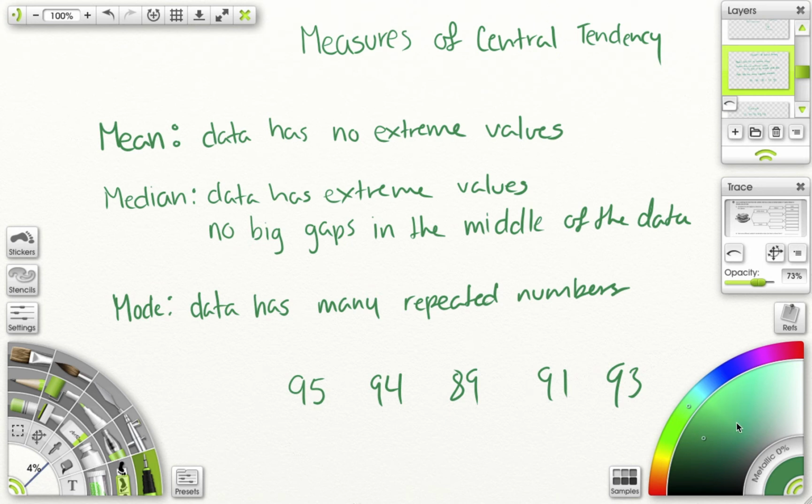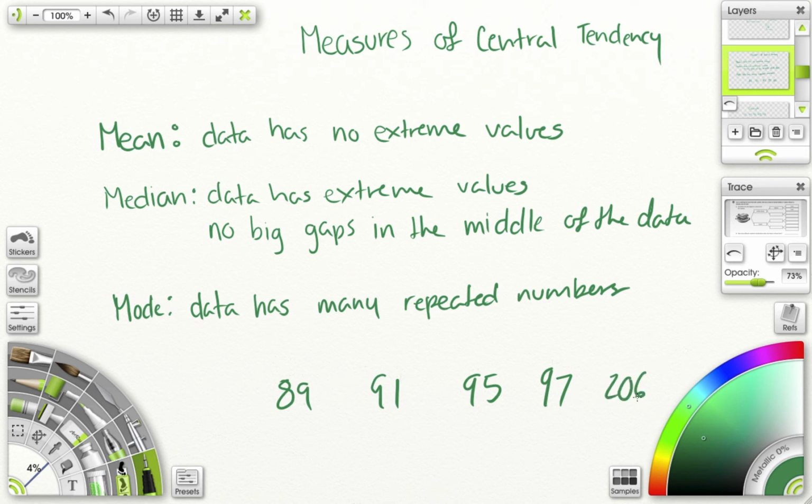Median is what I would use if I had an extreme value in my set of data. So let's say I have the example of 89, 91, 95, 97, and then 206.